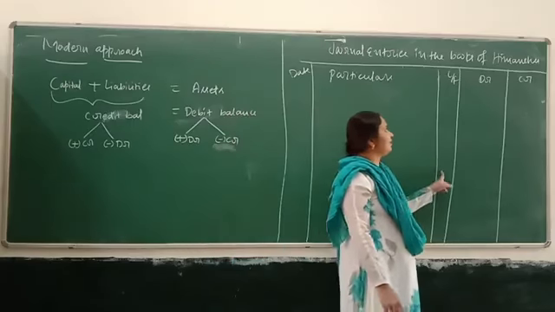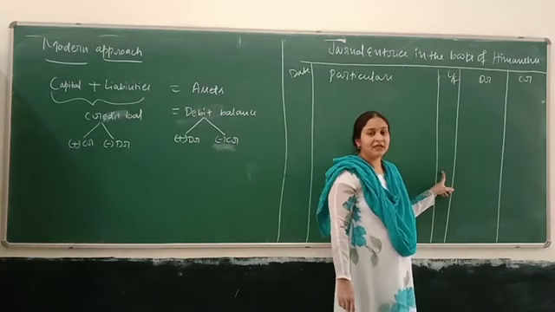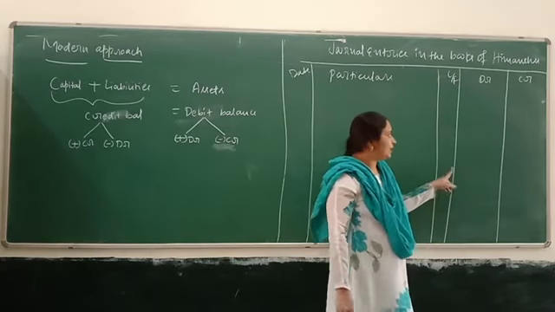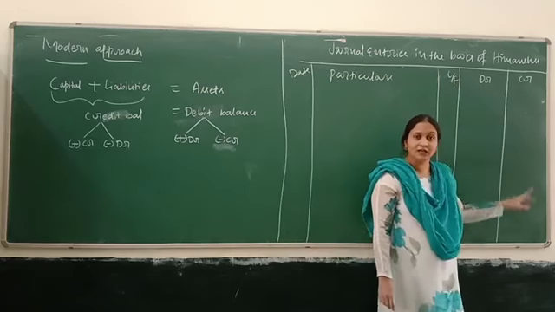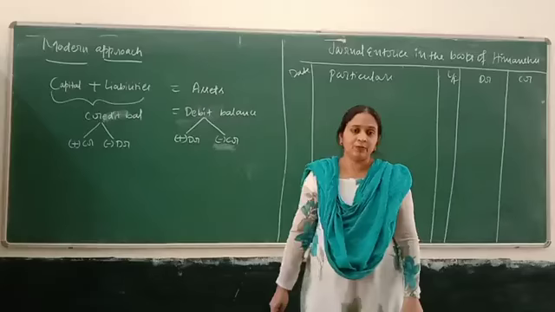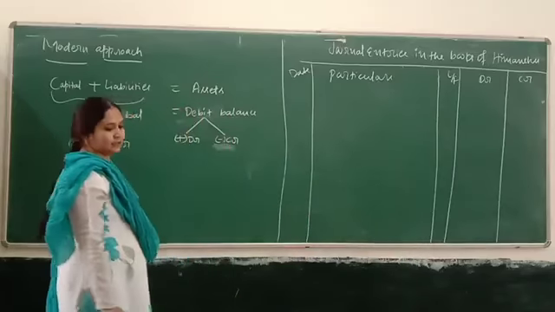Okay, LF stands for ledger folio. DR stands for debit. CR stands for credit. Hope you all have understood this. Okay, first transaction.